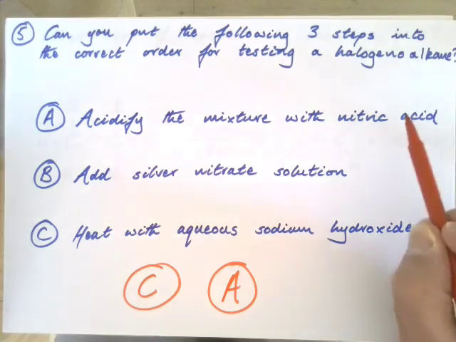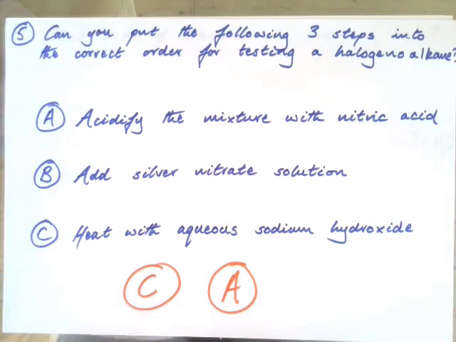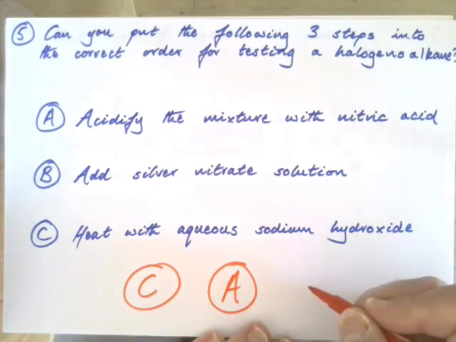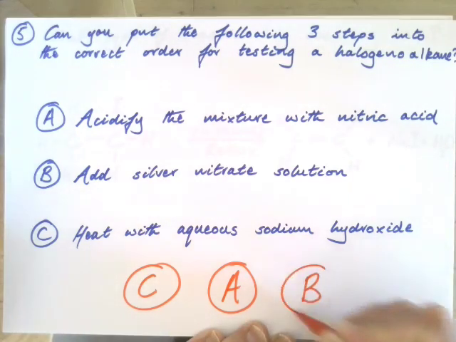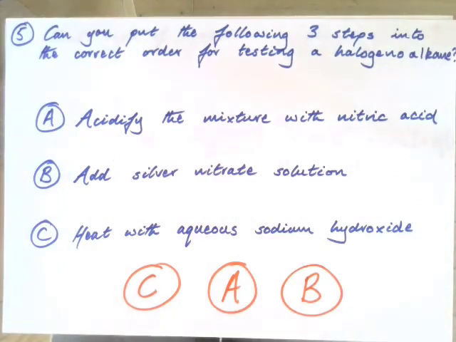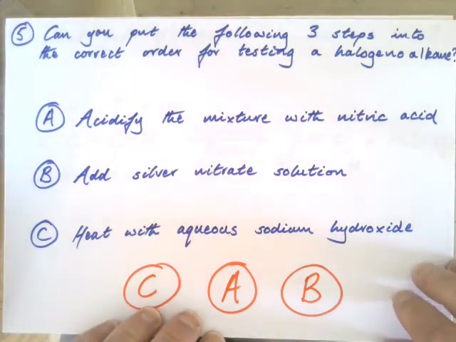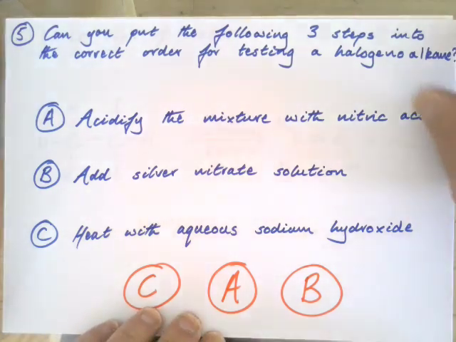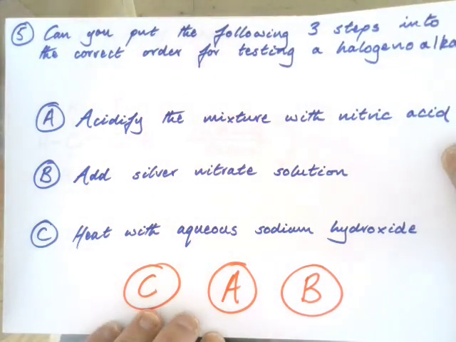And the acid we use to acidify is always nitric acid. And then finally, B. Add silver nitrate and you should get a precipitate. White precipitate if you had a chloride ion, a cream precipitate if you had a bromide ion, and a yellow precipitate if you had an iodide ion in your halogenoalkane. So C, A, B. Question number 6 coming up.